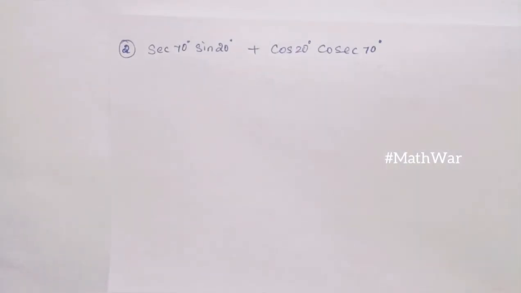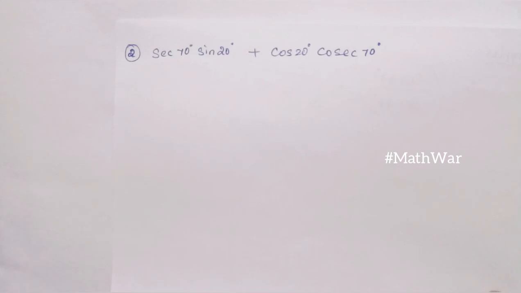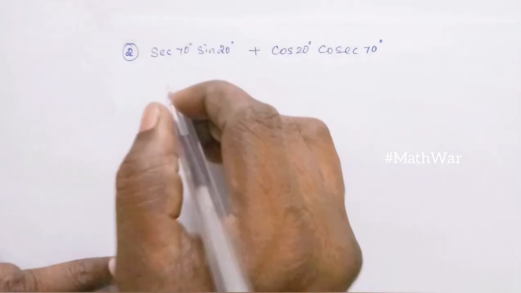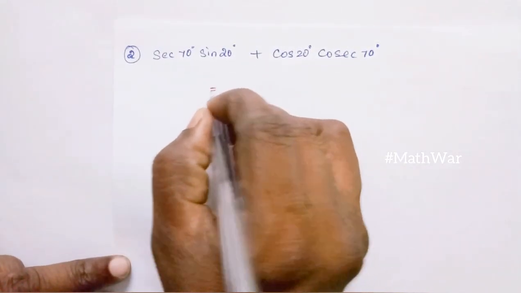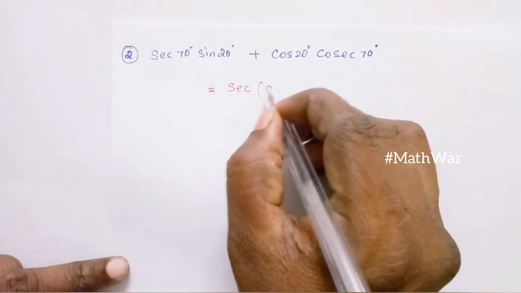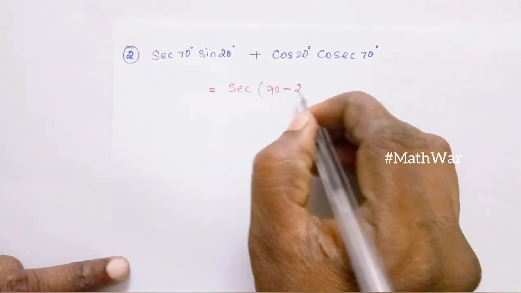Next problem: evaluate secant 70 degree sin 20 degree plus cos 20 degree cosecant 70 degree. As I said, first we will take secant 70 degree and write it as secant of 90 degree minus 20.